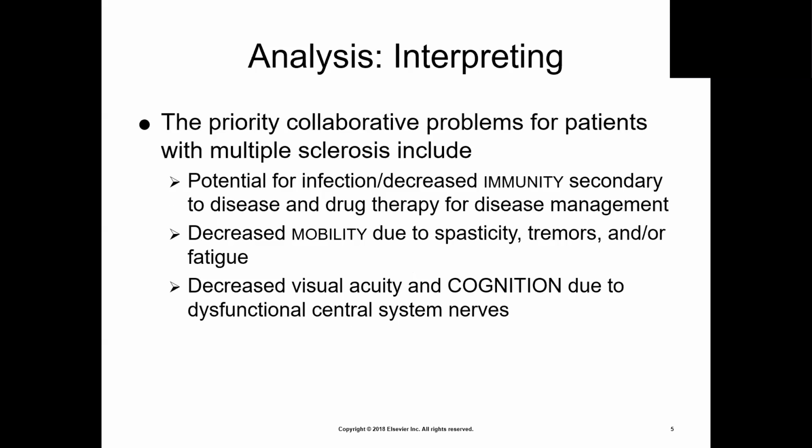Current therapies that we see are usually geared towards the immune system, specifically considering this is an autoimmune disorder. So anything that we can do to help with mobility, again, like I said, they might need an ambulation aid. So you can kind of keep that in mind as well.